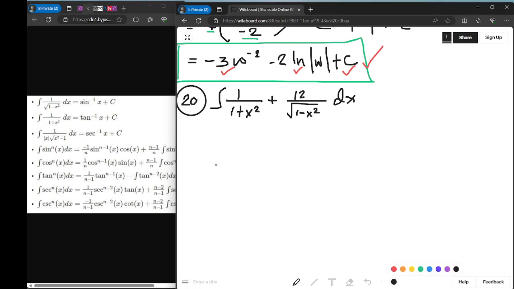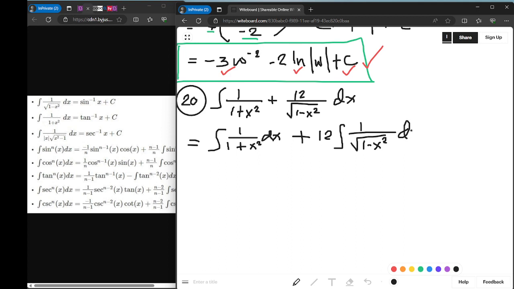Let's show the solution. This is the integral of 1 over 1 plus x squared dx, plus, again, we move out 12 since that is a constant, times the integral of 1 over the square root of 1 minus x squared dx.